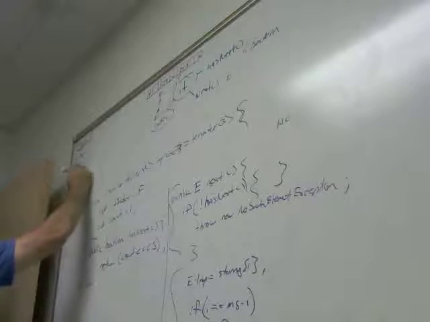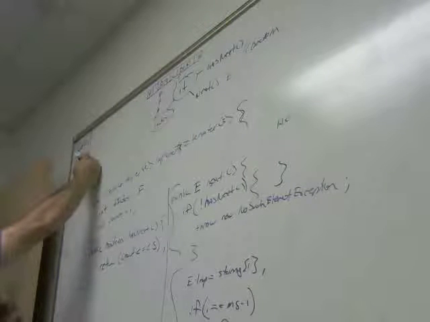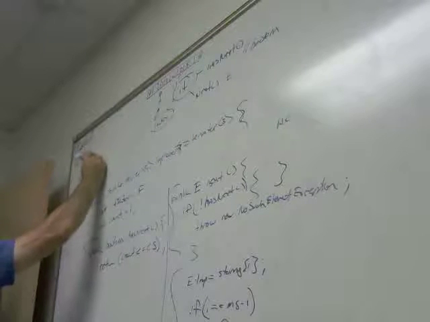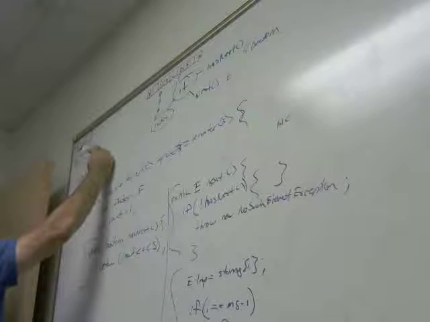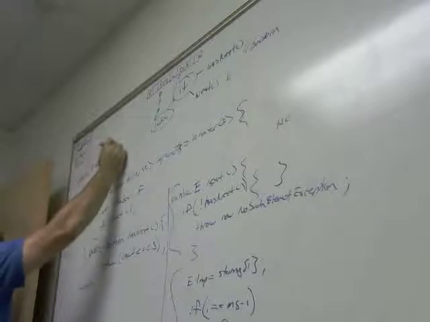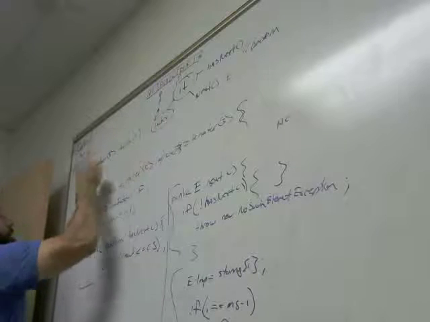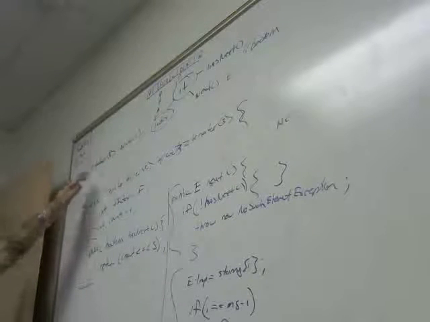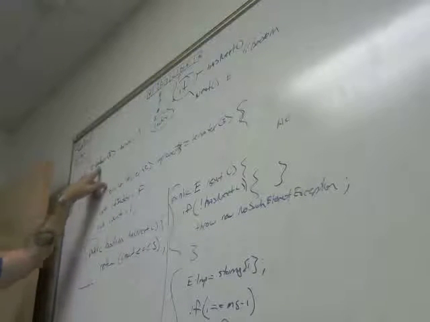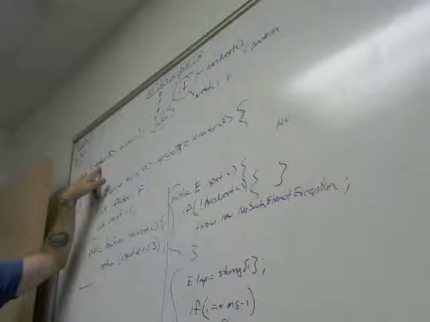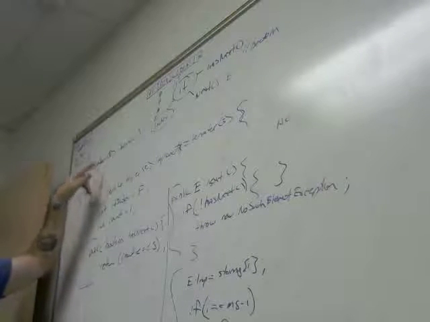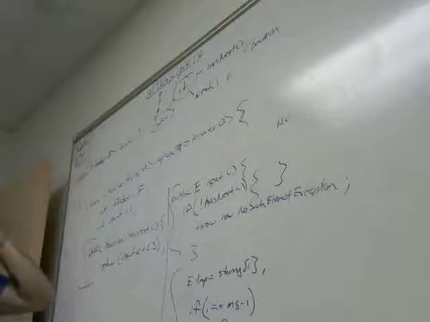You had to write public iterator of type E, and the method is called iterator. This method, all it wants you to do is return an iterator of type E.